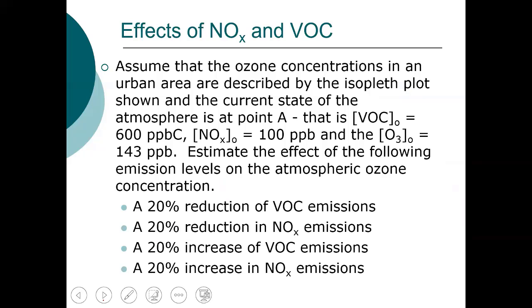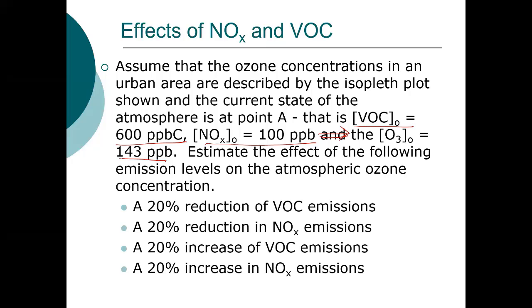We can say that in this plot here, we're going to start at point A, where the VOC concentration is 600 parts per billion as carbon. The NOx concentration is 100 parts per billion. And under those conditions, the ozone concentration is calculated with an extensive, complicated model to be 143 parts per billion.